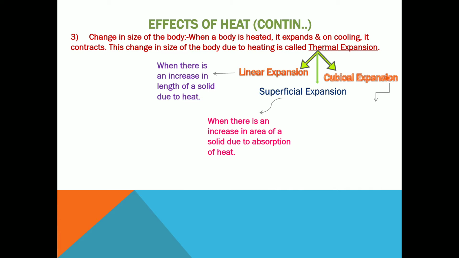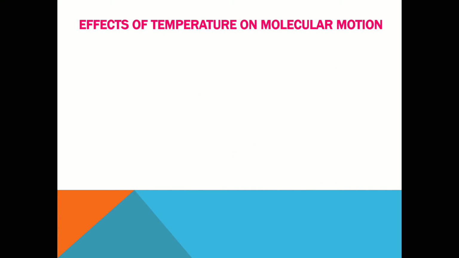When the solid absorbs heat and its area increases, that is known as superficial expansion. And cubical expansion is when there is an increase in volume of a solid, liquid, or gas due to absorption of heat. Okay.